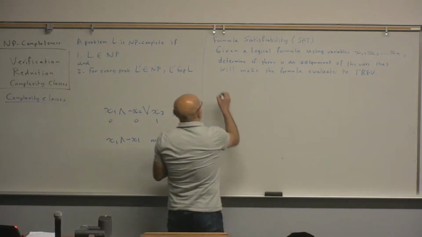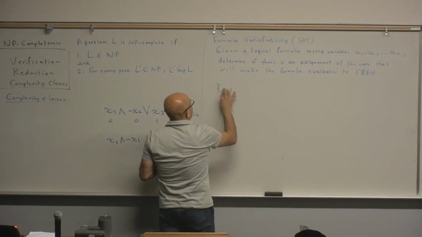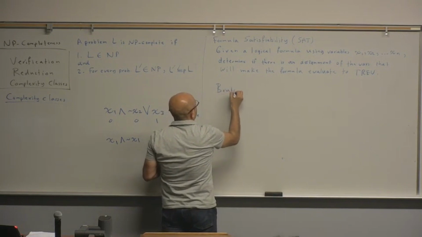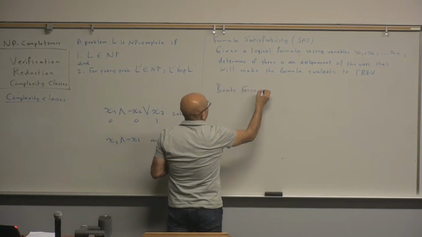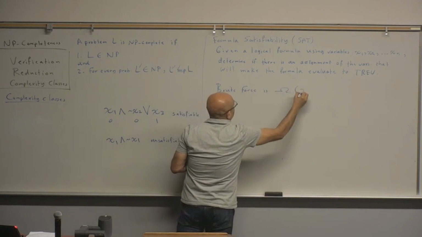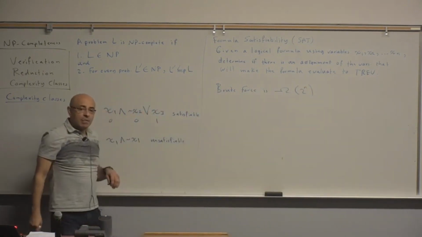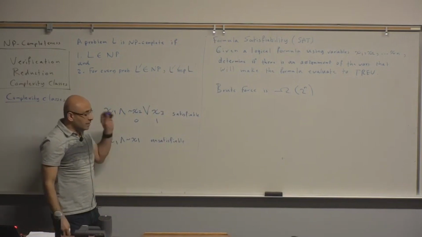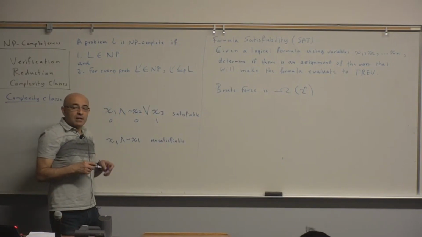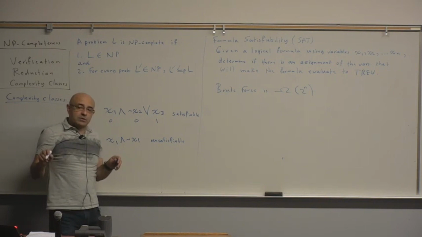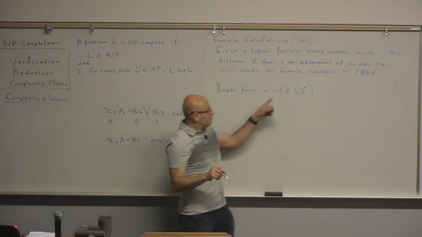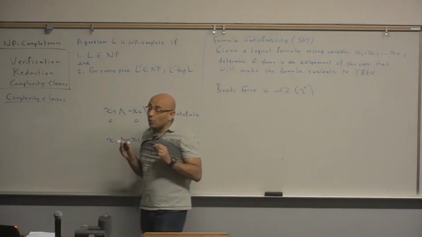So brute force is omega of 2 power n. It is at least 2 power n, because the worst case running time of the brute force solution is at least 2 power n.